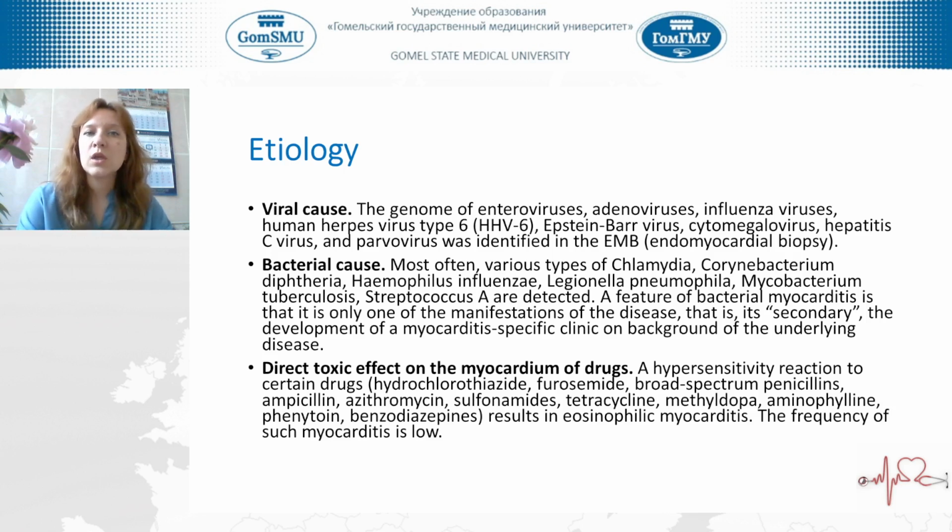Most often, various types of chlamydia, Corynebacterium diphtheriae, Haemophilus influenzae, Legionella pneumophila, Mycobacterium tuberculosis, and Streptococcus are detected. A feature of bacterial myocarditis is that it is only one of the manifestations of the disease and is secondary to the underlying disease.